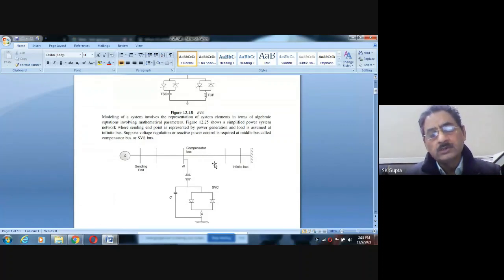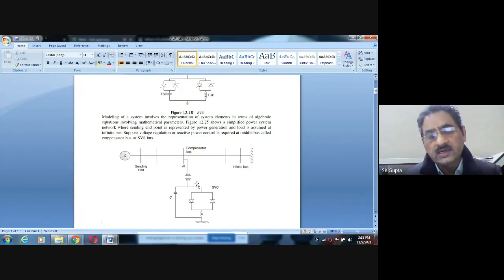If the voltage here is V, and the generator voltage is E or VG, or V1, then V1 minus I into X, this voltage will be there. I is the load current here.